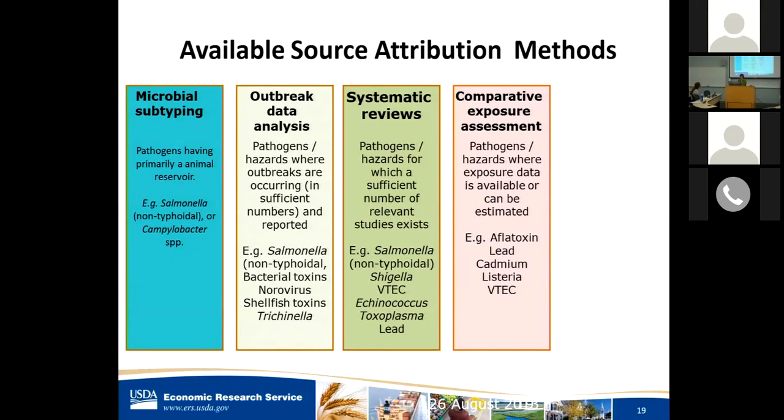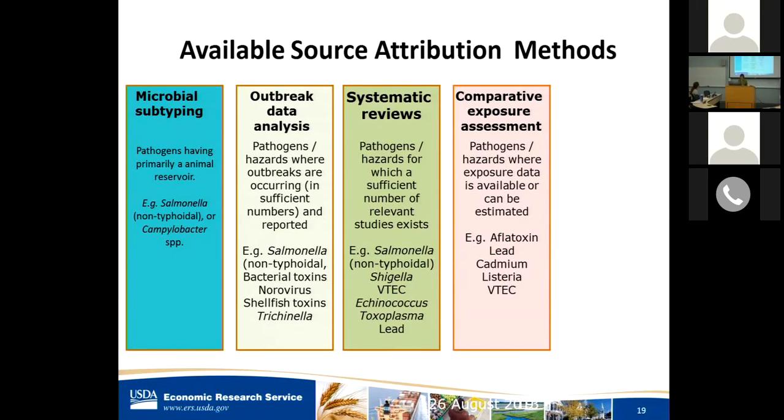We have, I'd say, our attribution estimates in the US, the soundest ones that we have are based on outbreak analysis, and I'd say that's true in most of the high-income countries where there is really good outbreak investigation. But for most of the world, we don't have that level of outbreak investigation. Similarly, since the fundamental underlying primary data isn't there, systematic reviews aren't going to help a whole lot either.